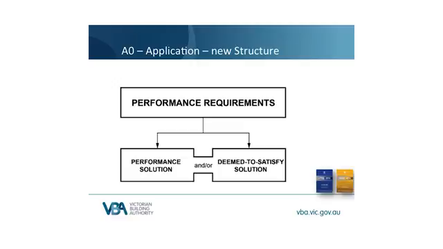This diagram makes clear that the performance requirements are what must be met and that this can be achieved via a performance solution, a deemed to satisfy solution, or a combination of both. Therefore, the top level, the performance requirements, is your mandatory compliance level, and the bottom level is the compliance solutions that are the performance solutions or the deemed to satisfy solutions.